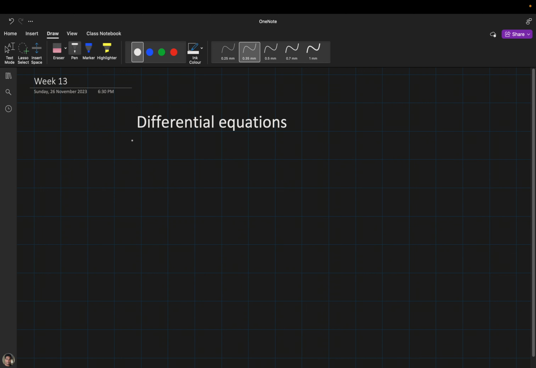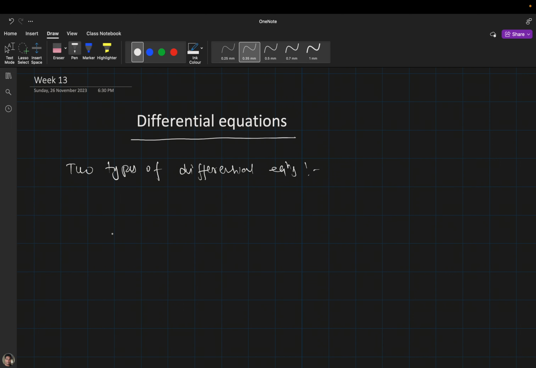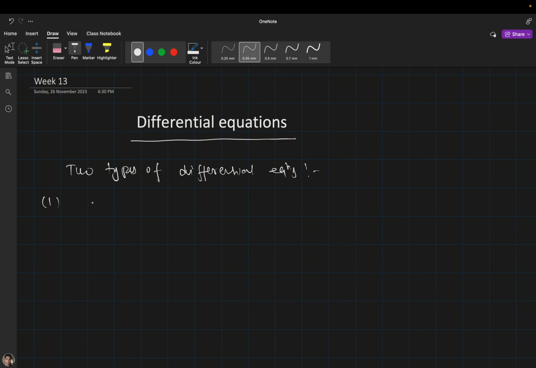So there are two kinds of differential equations. First one is called ordinary differential equation.